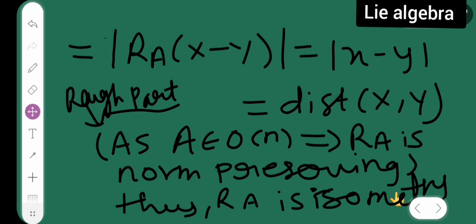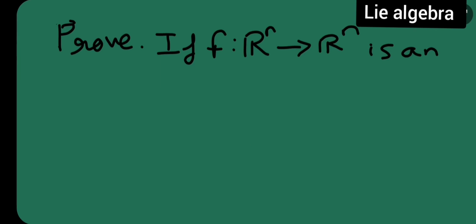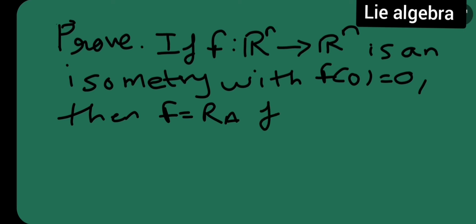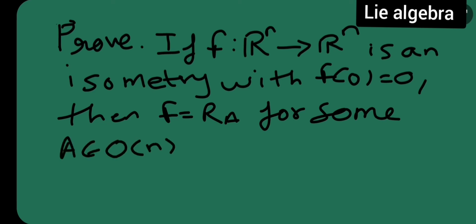So next, one last proof and then I am done with this chapter. Next, if f from R^n to R^n is an isometry with f of 0 equal to 0, then f is equal to R_A for some A belongs to O(n), the orthogonal group.